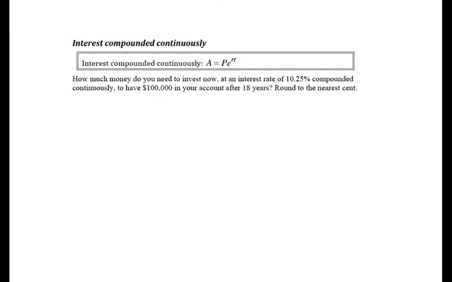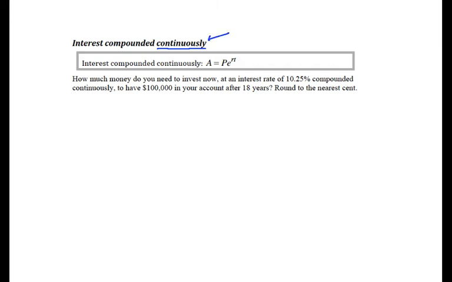So now that we've established that as the number of compounding periods increases, it looks like the compound interest formula seems to converge, we are ready for this idea of interest compounded continuously.